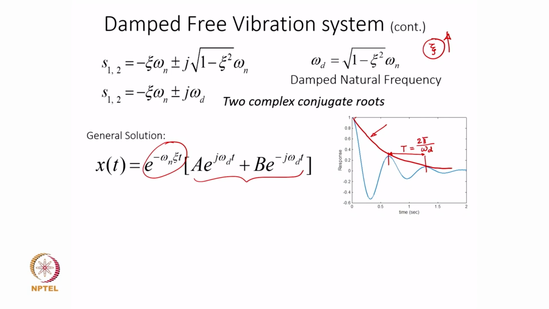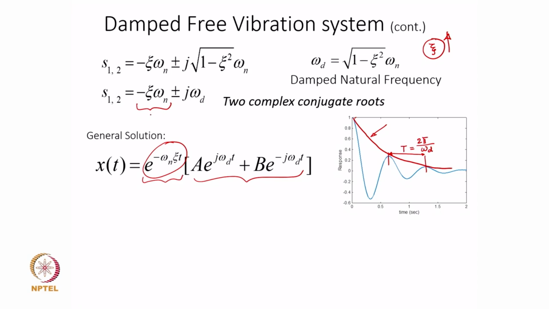Now, you can realize that based on the sign, not the value, of this real part, the response would be either decaying or exponentially increasing. As we notice, this particular term is minus zeta omega n t, which shows that the response, even if it is oscillating, is decaying in its amplitude, because this typically governs the way amplitude is going to change.